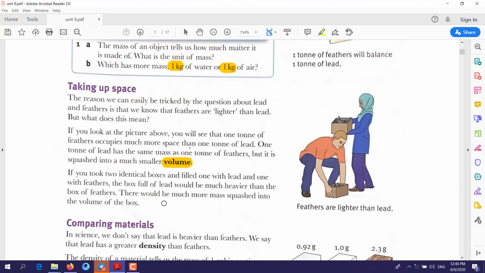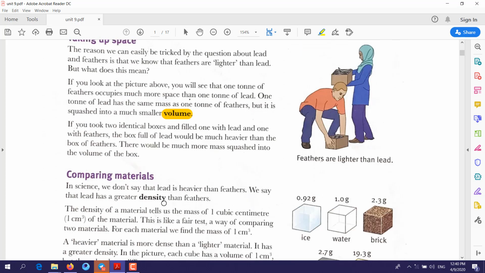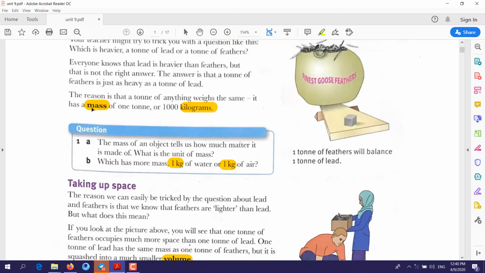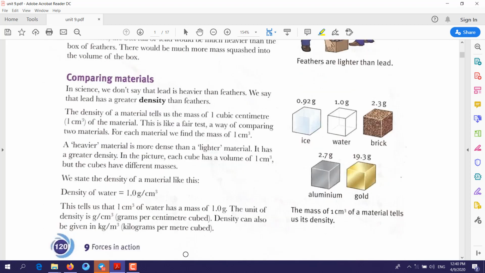As you can see, substances differ from each other by their mass and their volume. Comparing materials: how can we compare between materials? Take a look at these substances: ice, water, brick, aluminum, and gold.